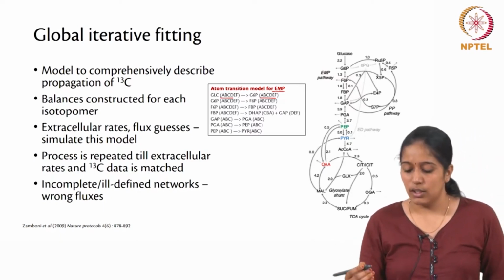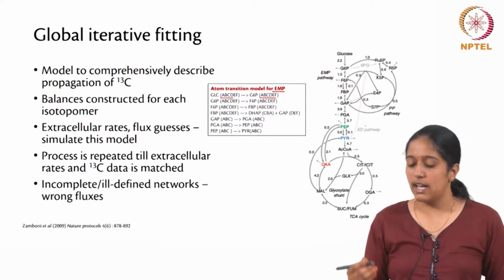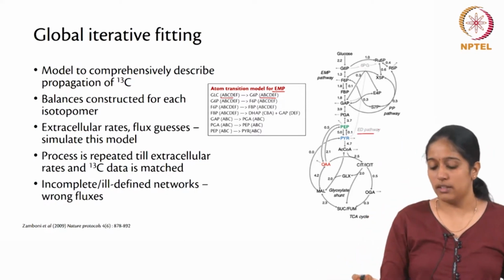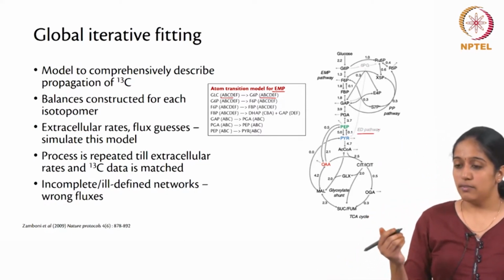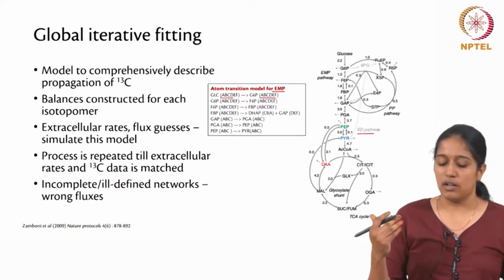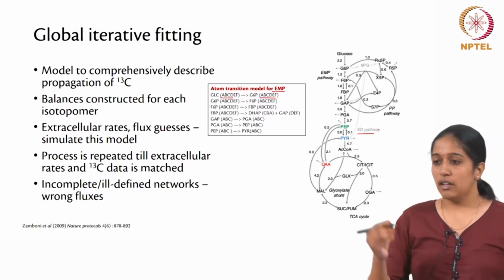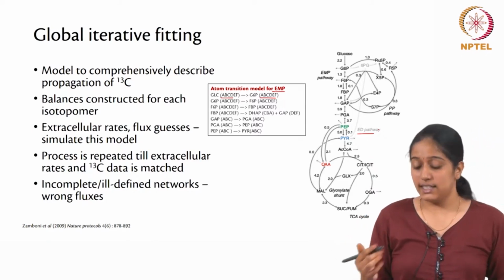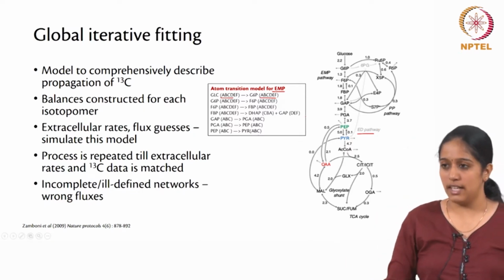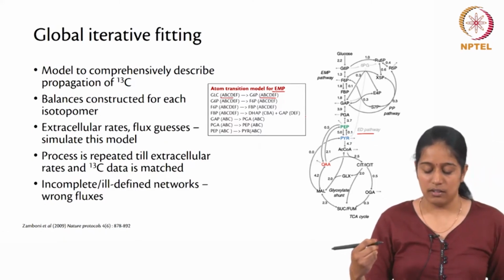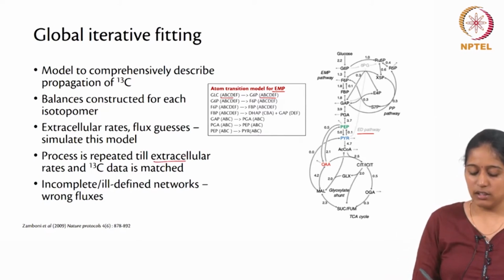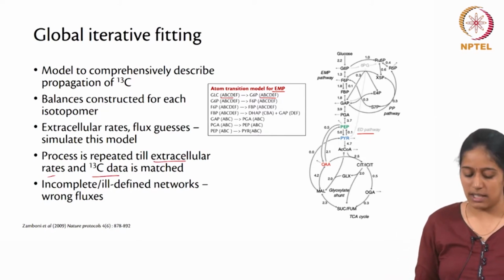Like this you have it for different pathways that happen inside the cell, for example the ED pathway, the pentose phosphate pathway and so on. With the measured rates of substrate uptake and product formation, and also different guesses about fluxes, you simulate this model by fitting in different labeling data, and you keep repeating it until your extracellular rates and the 13C data are matched.